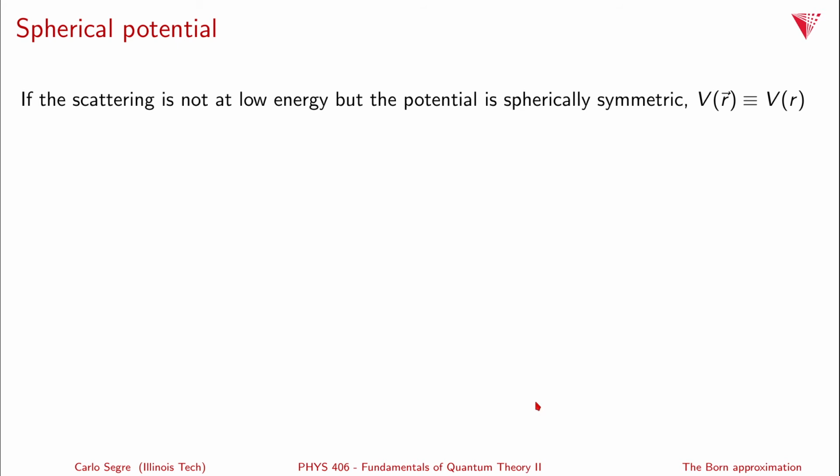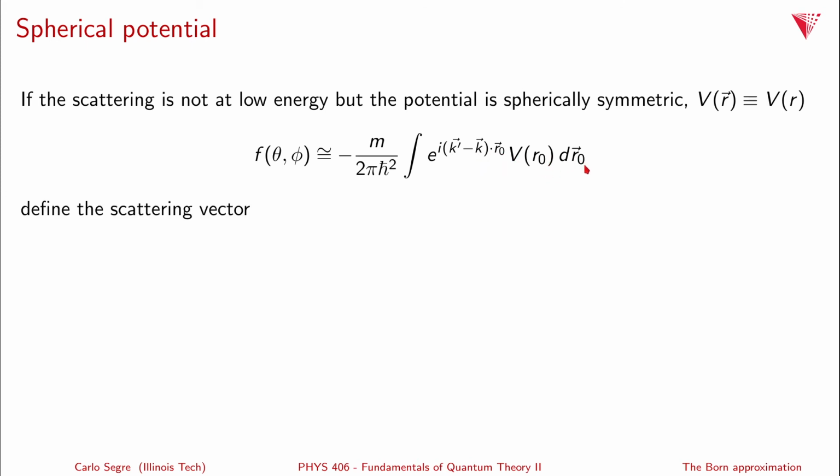If the scattering is not at low energy, but the potential is spherically symmetric, so V of r vector is equal to V of r, then f of theta and phi is equal to minus m over 2 pi h bar squared times the integral e to the i k prime minus k dotted into r0, V of r0 dr0.